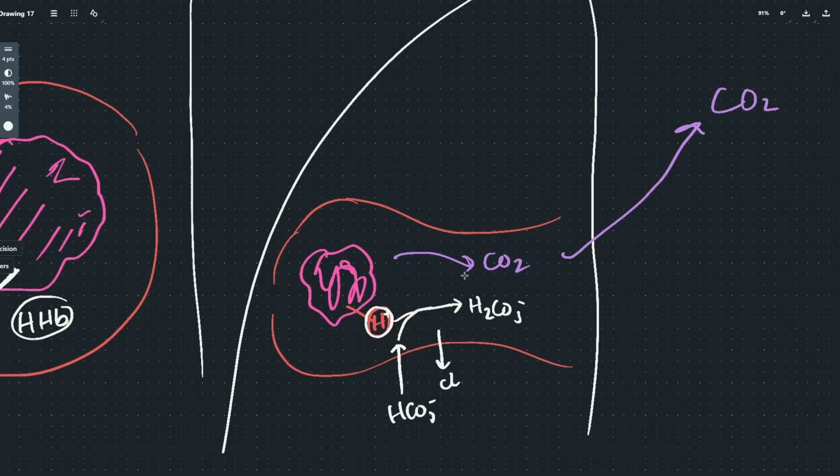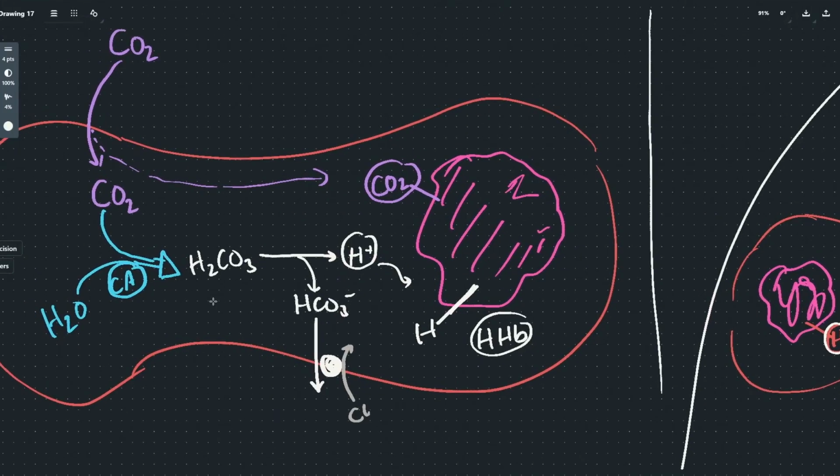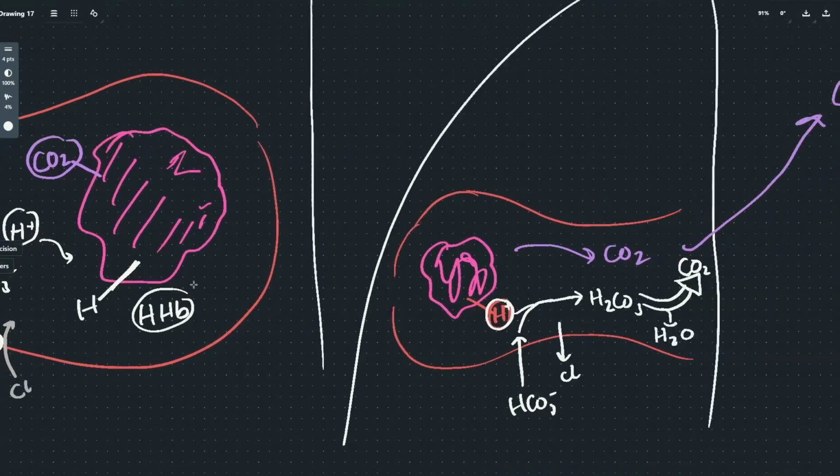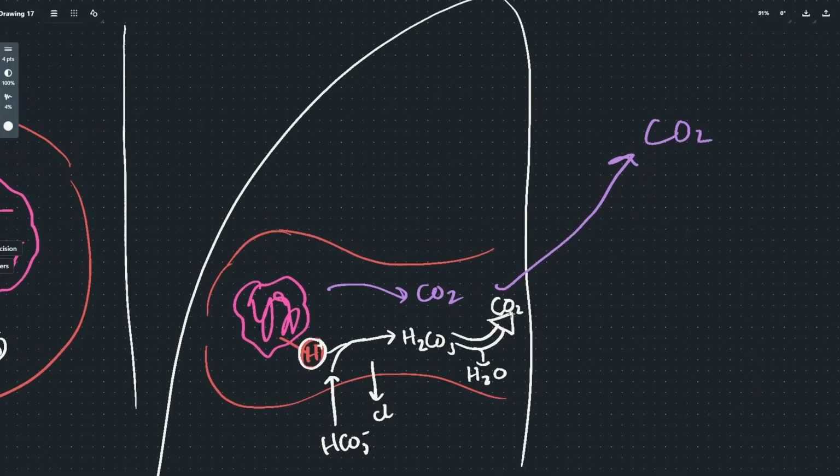Under the influence of carbonic anhydrase, CO2 will be produced, along with that water will be released. So essentially this process is being reversed here. Here CO2 and water reacted to form H2CO3, but here the H2CO3 released H2O, water, and CO2, and again this CO2 is exhaled out.